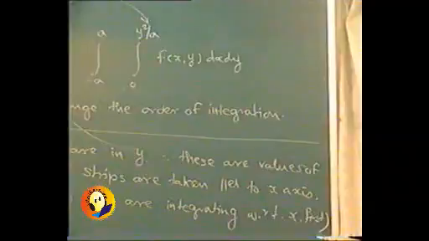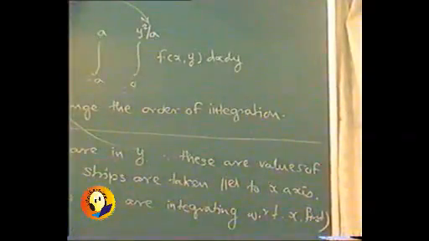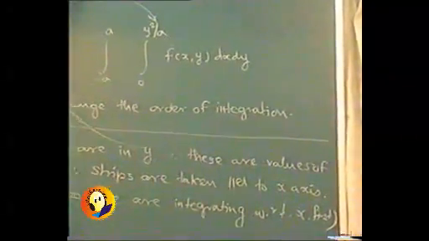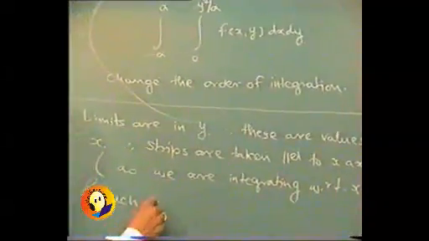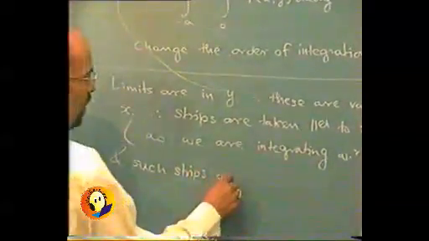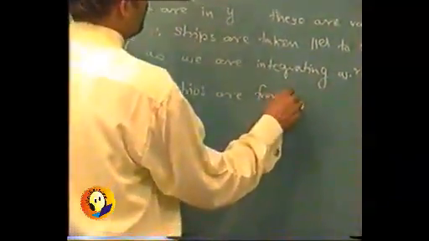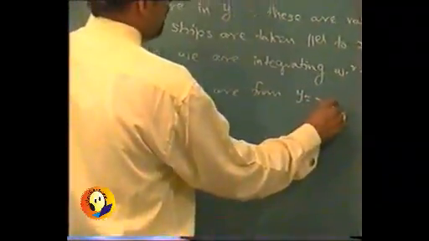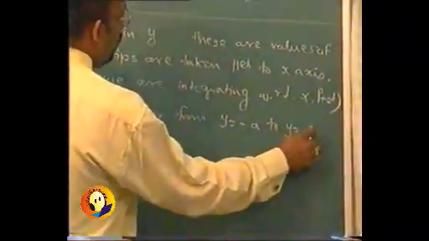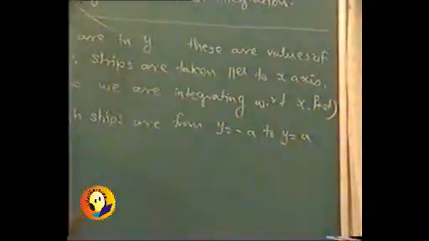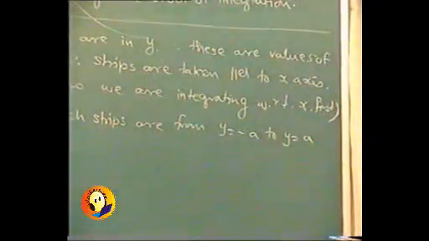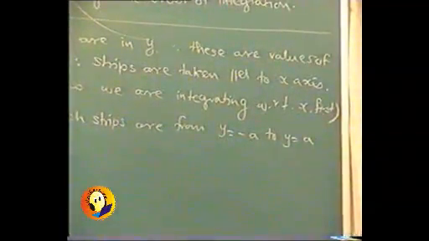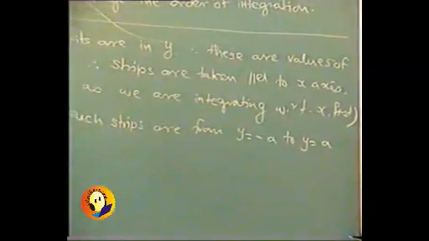So the strips are taken parallel to the x-axis, and such strips are from y equal to minus a to y equal to plus a, because the outer integral cannot be in terms of x; it is not the values of x which we are mentioning over there.